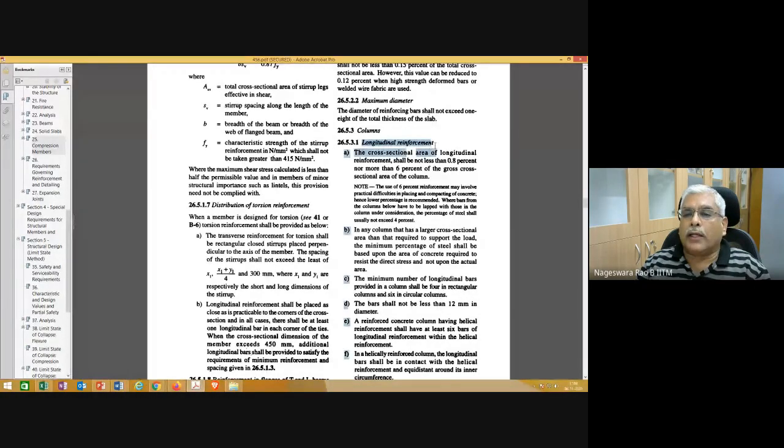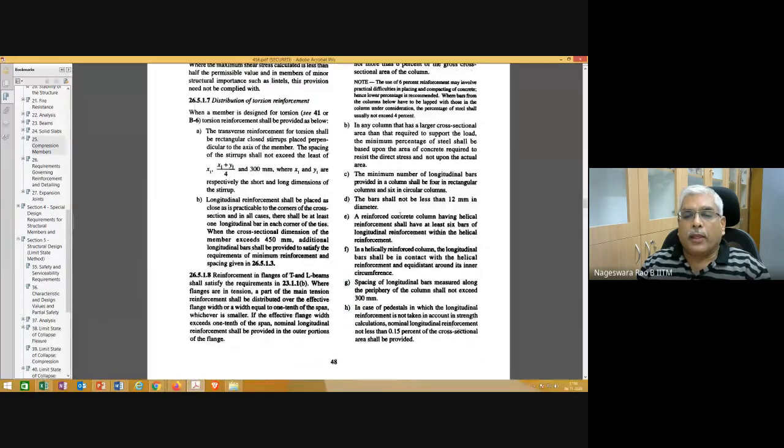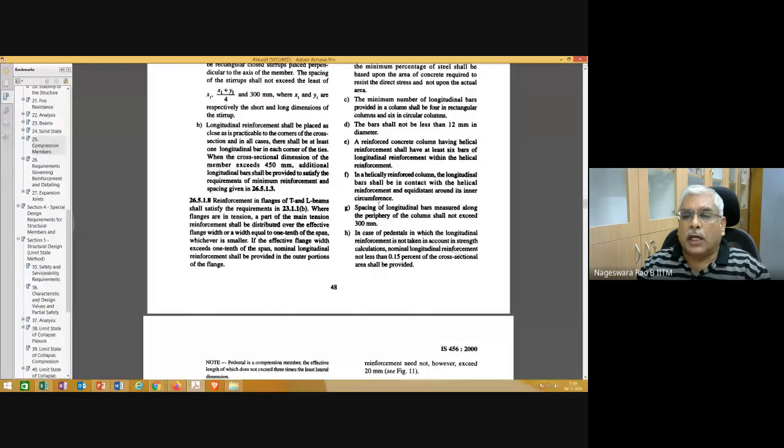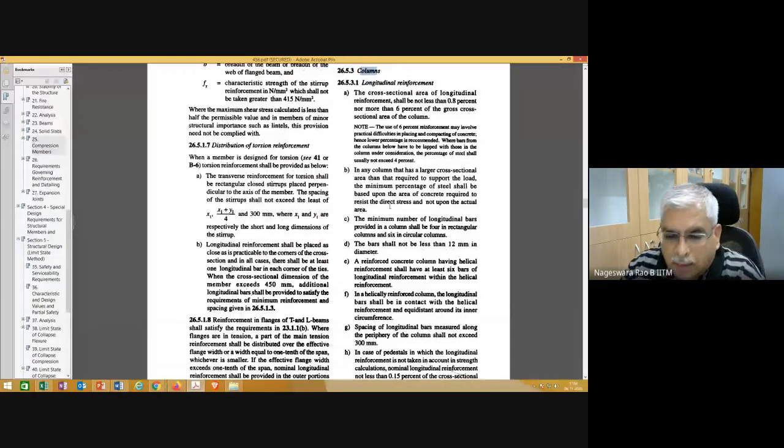Here, longitudinal reinforcement for columns. Okay, what are the requirements? You have whatever spacing or whatever size of the rebars and percentage of steel, similar kind of clauses are there for columns as well, reinforcement related to columns.